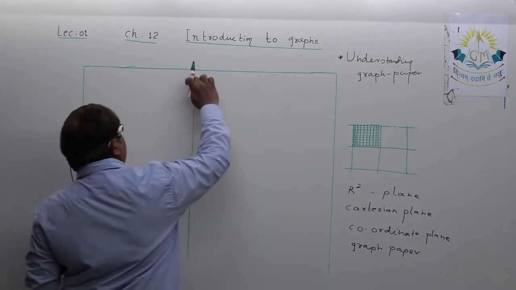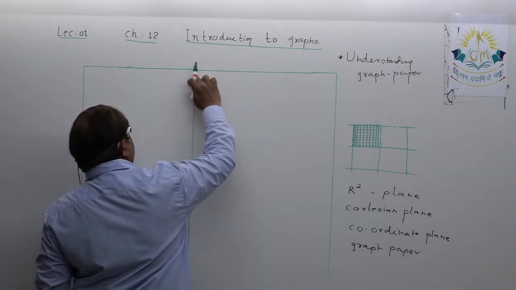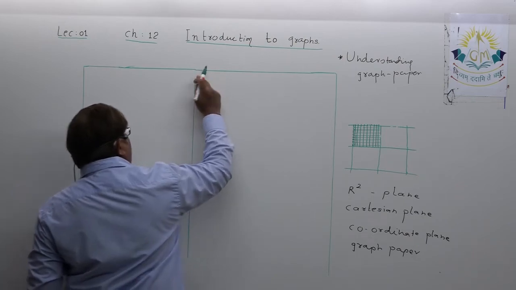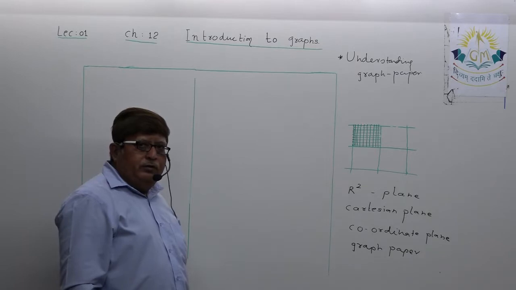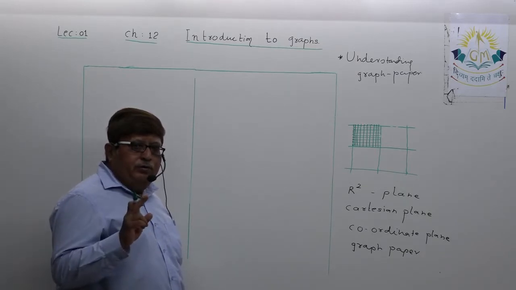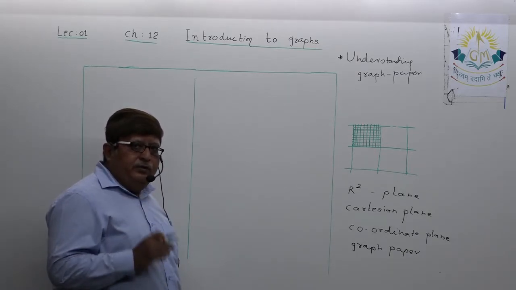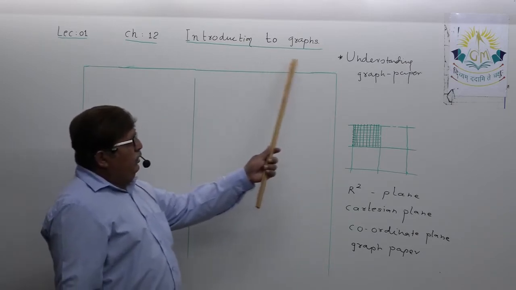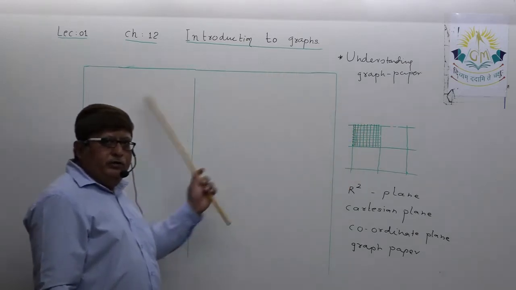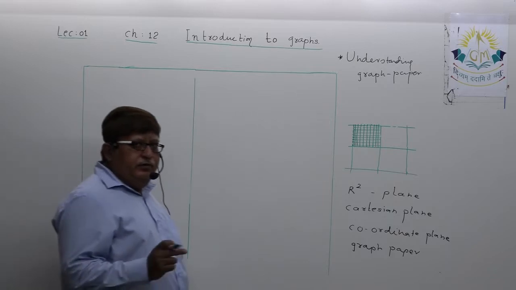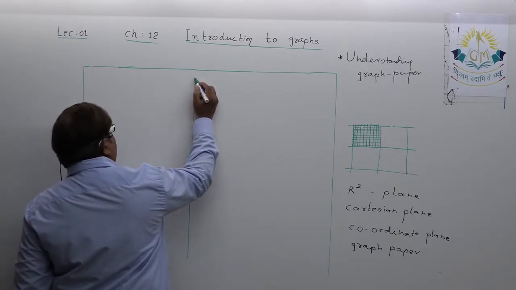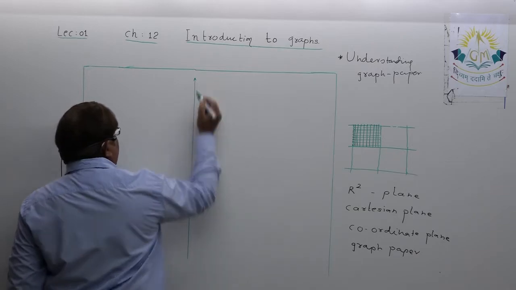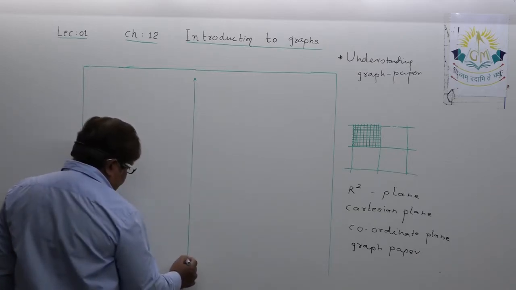And dear student, whenever you work on the graph paper, you do not have to go beyond the margin. Please concentrate. Don't go out of this green part. That is, you should be very conscious about that. Now put the arrow here, upper head arrow and lower head arrow.